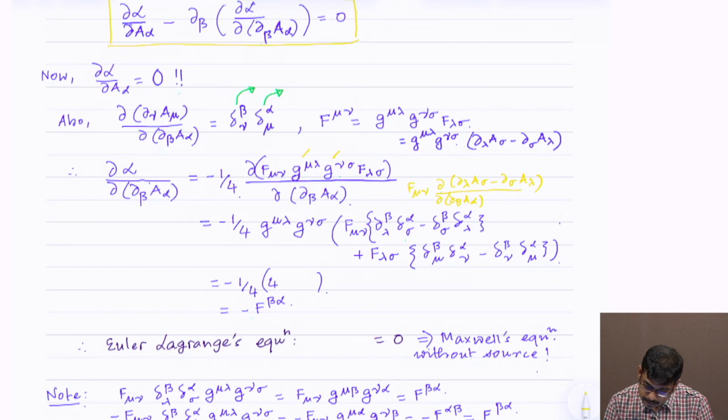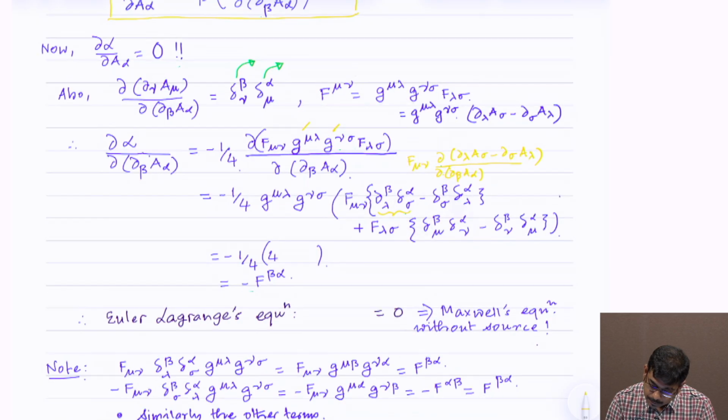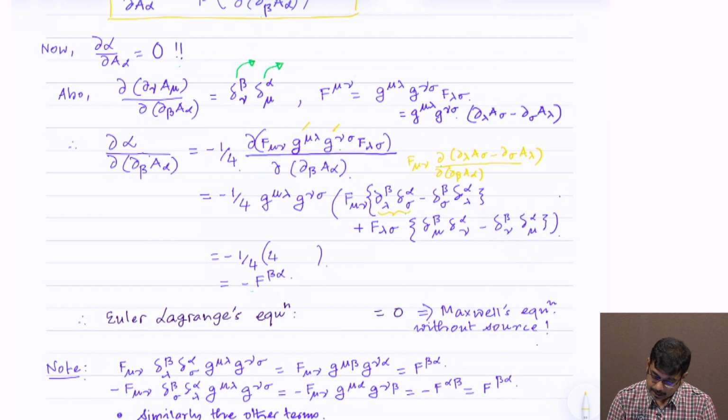The first term is delta beta lambda delta alpha sigma minus delta beta sigma delta alpha lambda.